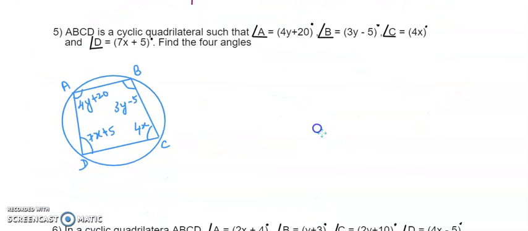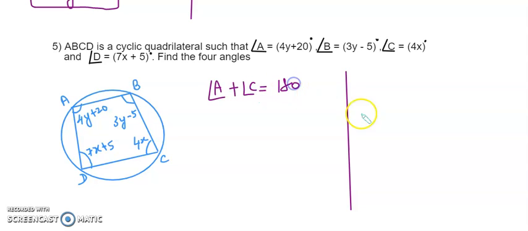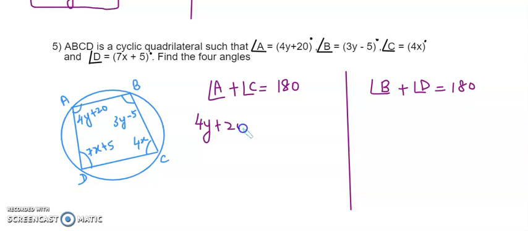Next, again a cyclic quadrilateral. Which is the condition here? Which are my diagonal angles? The same, A and C. So A plus C equals 180, and B plus D equals 180. That's when it's called a cyclic quadrilateral. So what is my A? 4y plus 20. What is my C? 4x, equals 180.